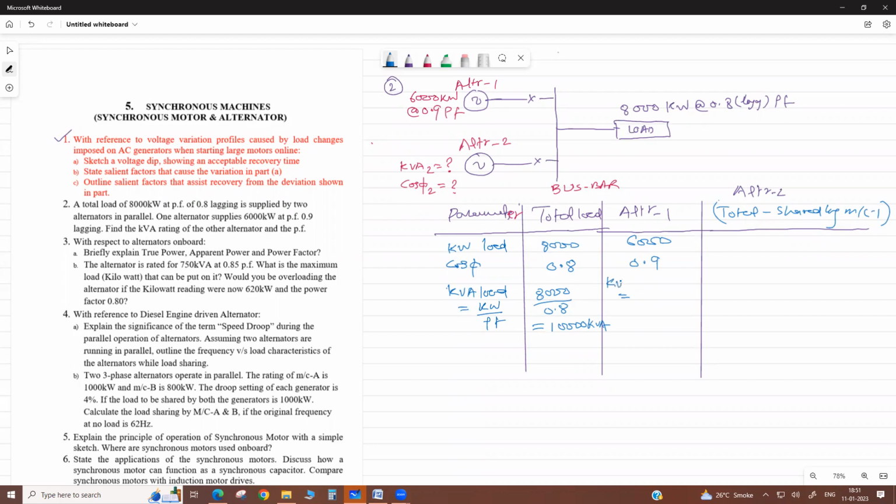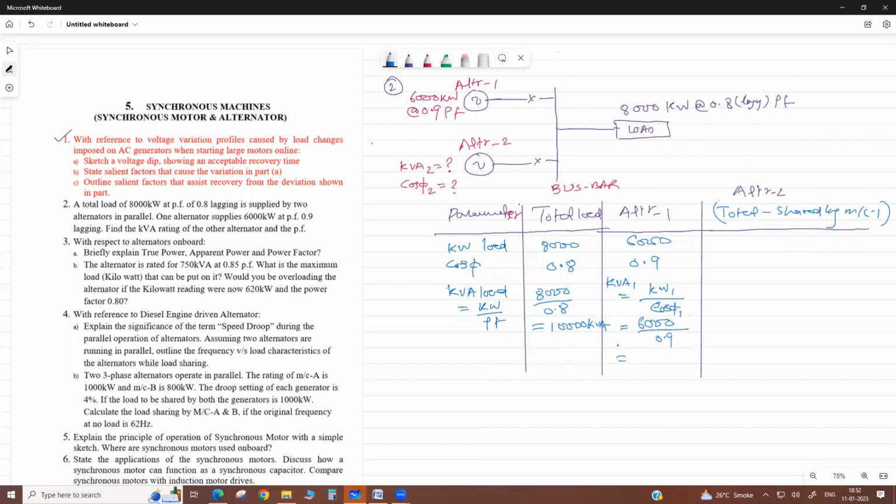Now my dear, on machine 1 it is given 6000 kilowatt, power factor is 0.9, then kVA load is, sorry, not kVA, please. This is kVA of machine 1. So it is kilowatt 1 by power factor 1, this one, it is 0.9.